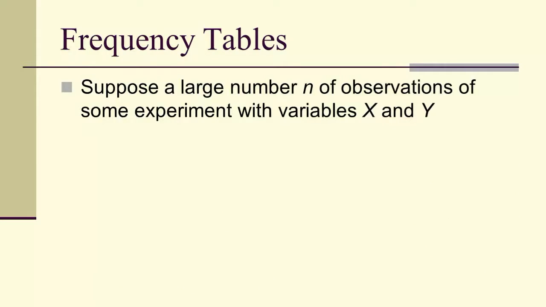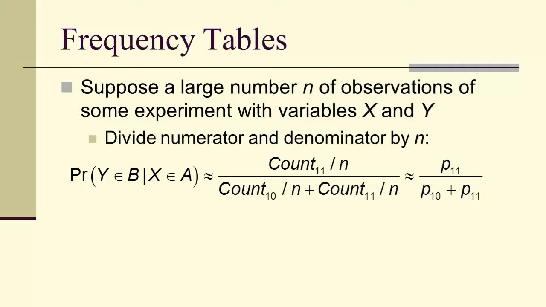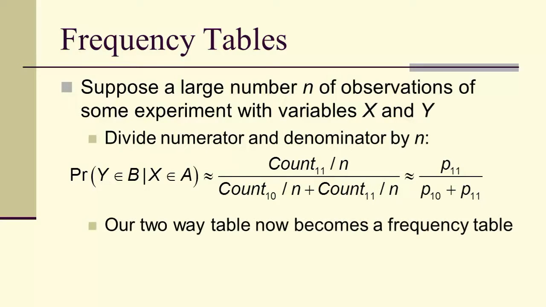We're going to divide the numerator and denominator by n, and that's going to give us our probabilities.